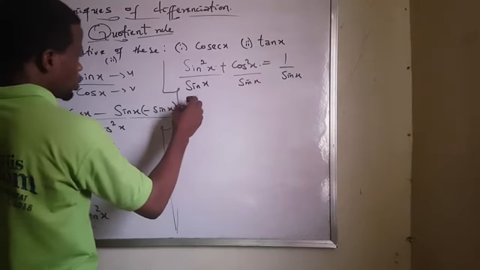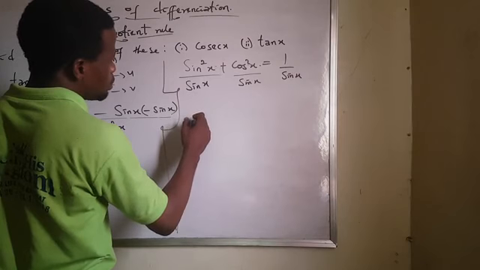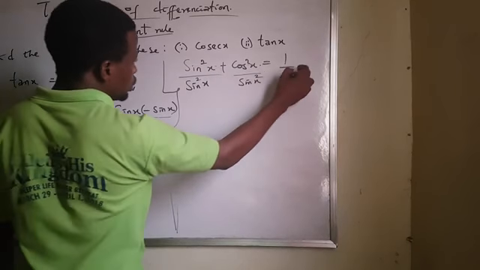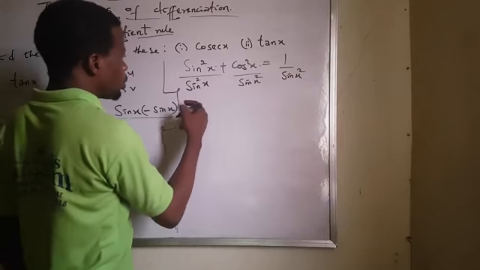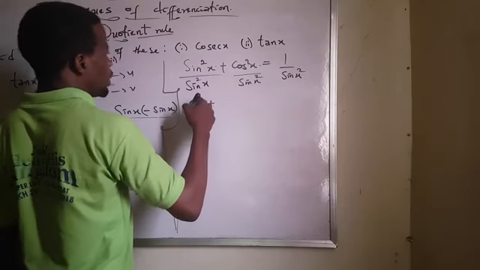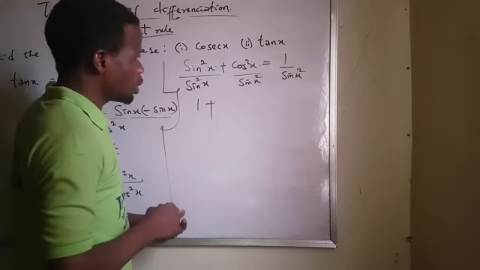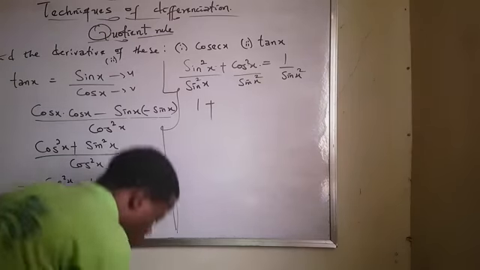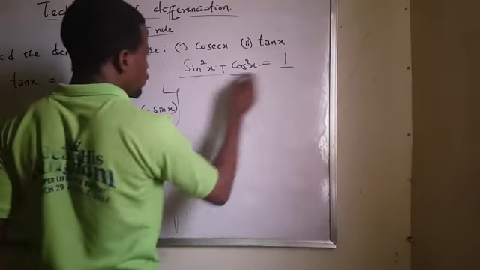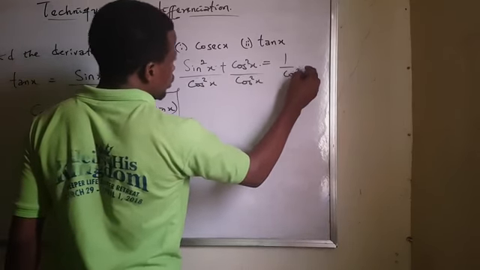So what will this one give us? Let's do square. This one will give us 1 plus, what do we have here? I think we should have divided by cos square x. I want to have tan, so we have cos square x, cos square x, cos square x.